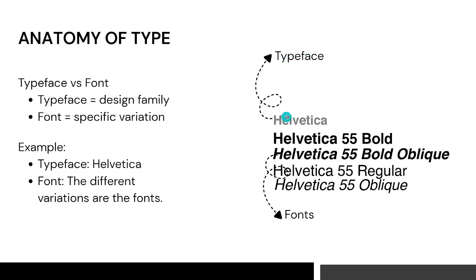Helvetica is a typeface, and underneath Helvetica we have Helvetica Bold Oblique, Helvetica Regular. These are called fonts. So the subdivisions are called fonts. The general name is called a typeface. Do you understand?